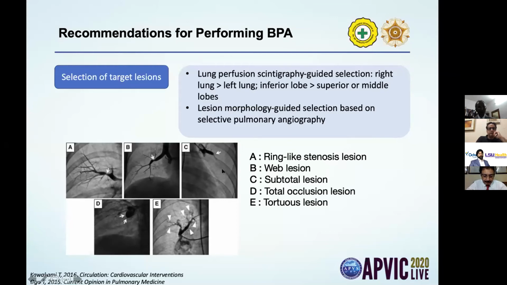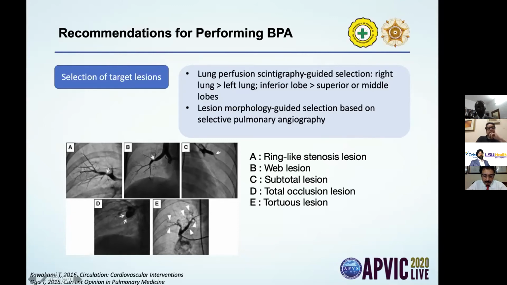C is the web lesion, and this is quite obviously a subtotal occlusion, and D is total occlusion, or we call it a pouch defect, and E is where the lesion is quite tortuous.